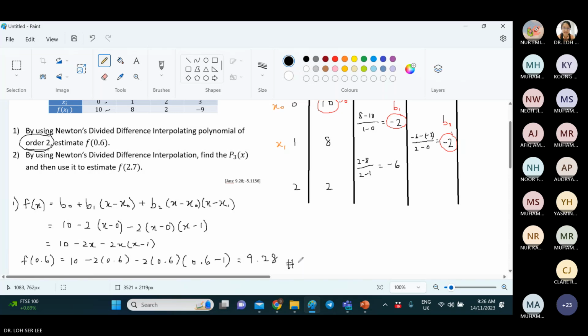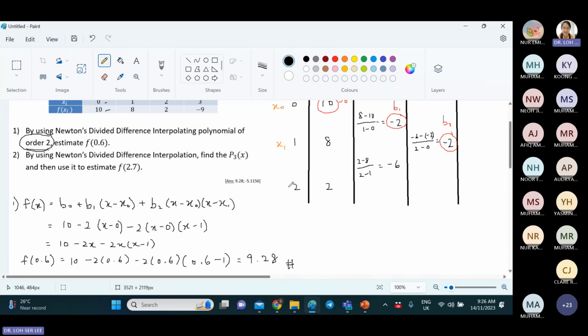Okay, good. Any questions? Newton's is quite simple. Compared to Lagrange, the formula is more complex. In terms of formula, Newton's is simpler.